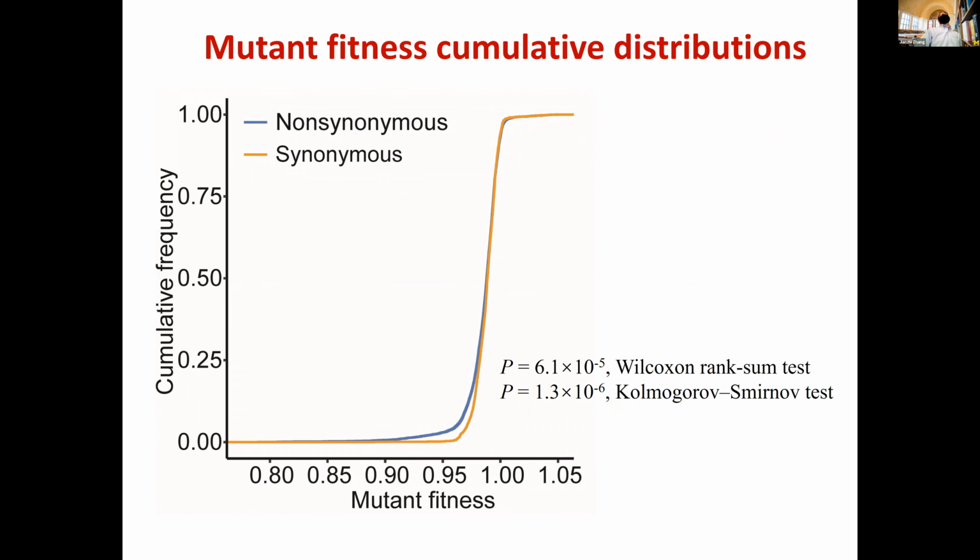Although by naked eye they look very similar, they are significantly different. The difference is around here, from 0.91 to 0.99. From 0.91 fitness to 0.97, there are more non-synonymous mutations. From 0.97 to 0.99, there are more synonymous.